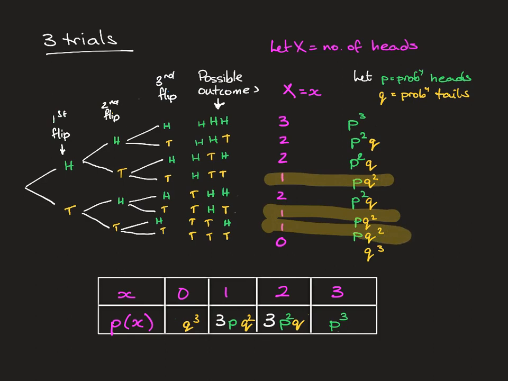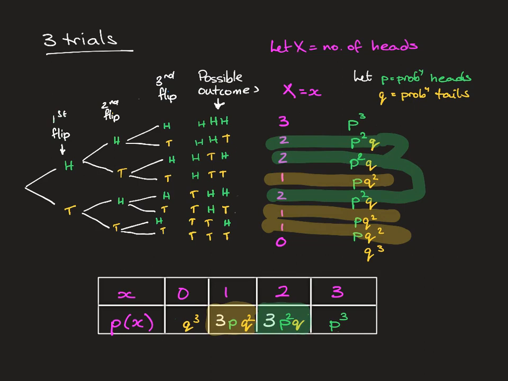Sorry about that, a little bit messy, but that is where our 3 lots of p times q squared come from. For 2, we also have 1, 2, 3 lots of them, and this time it's 3 times p squared q.